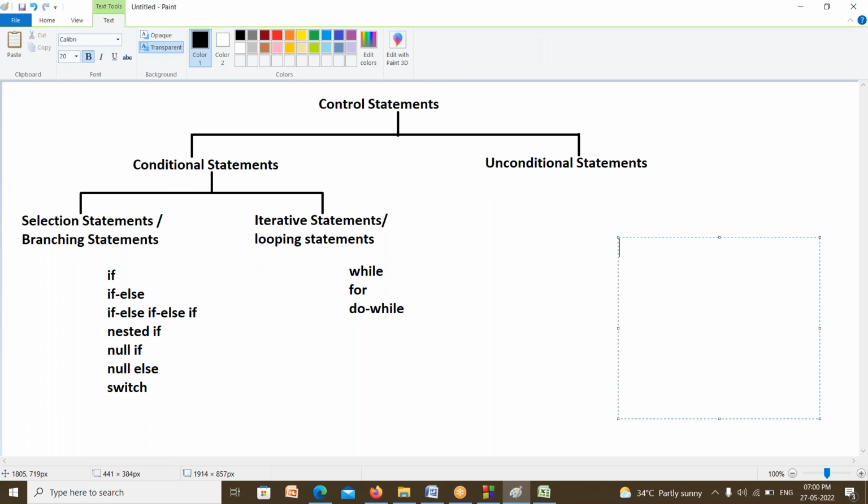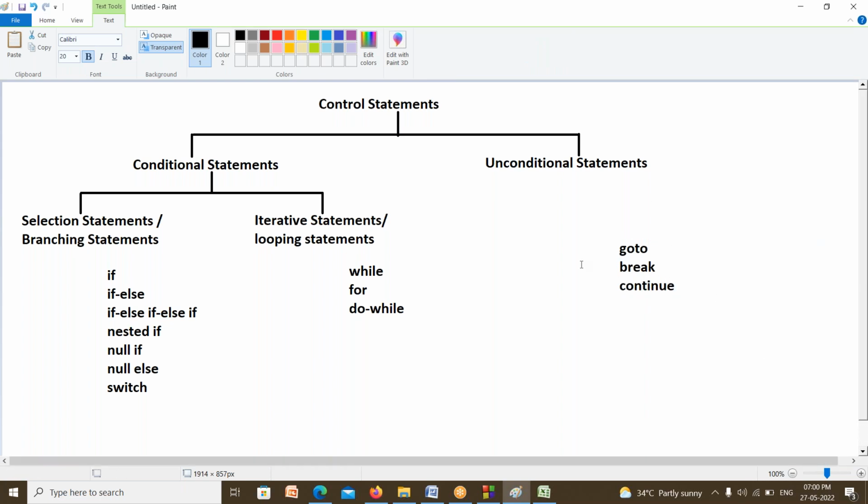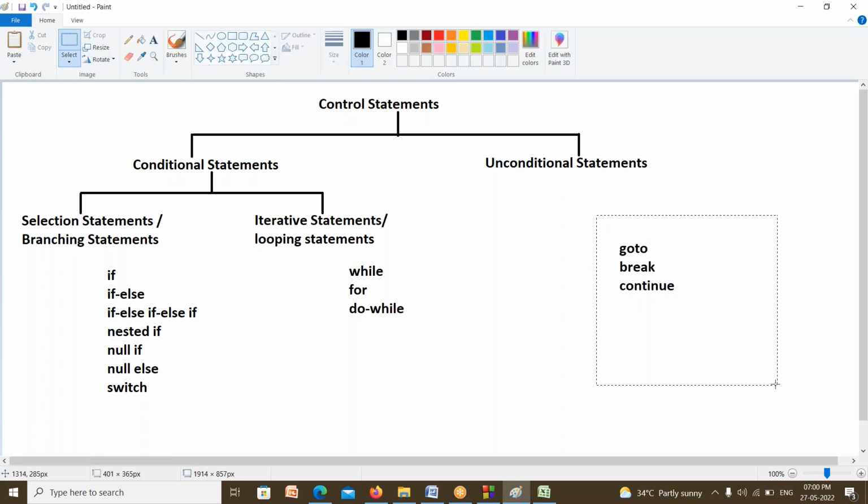Now the unconditional statements are goto statement, break statement, continue statement, like that.